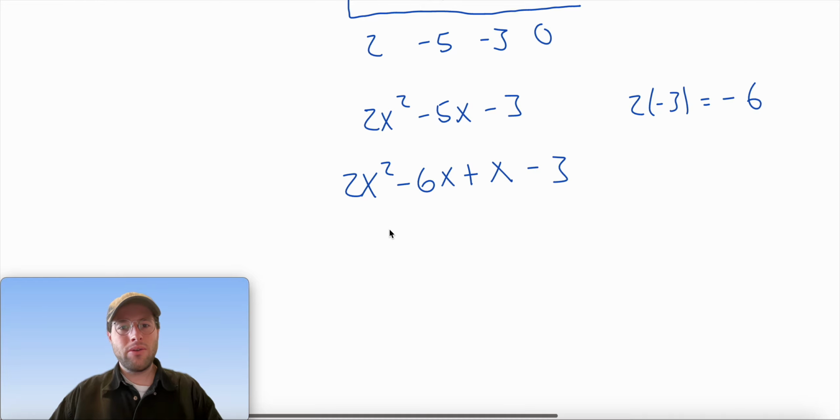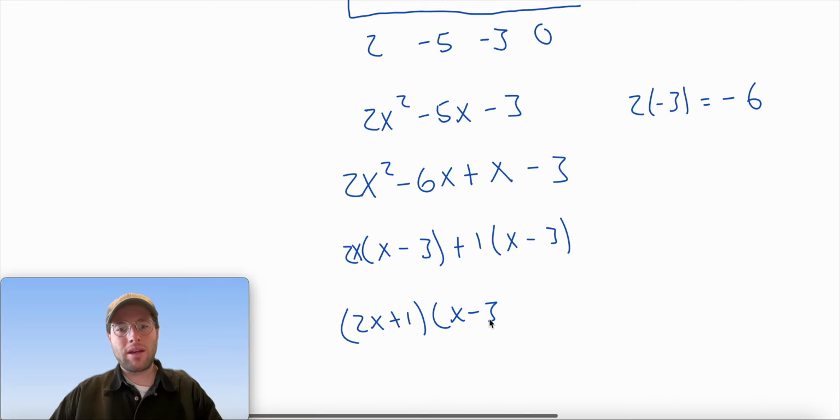All right, so continuing with this, we're going to take out the 2x from here, and we're going to be left with x minus 3, and then we'll take out a 1 from here, and we'll be left with x minus 3. So now we can rewrite this as 2x plus 1 times x minus 3.